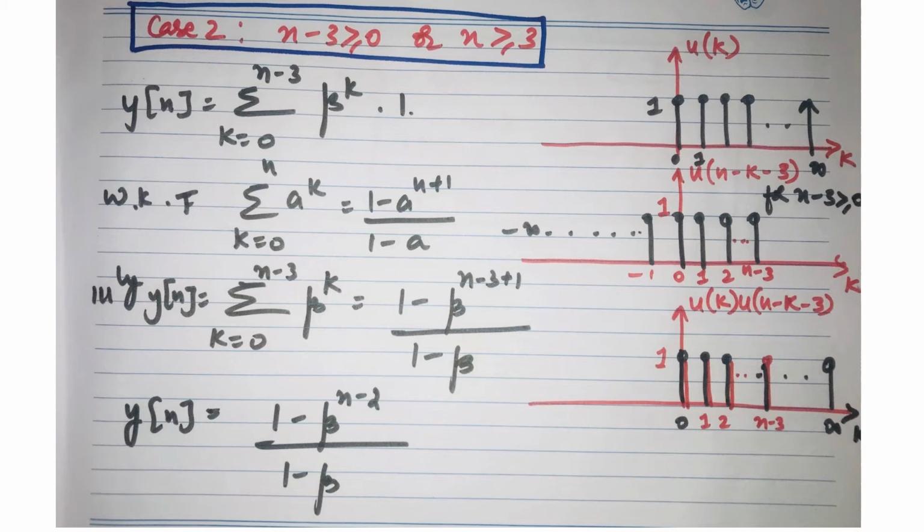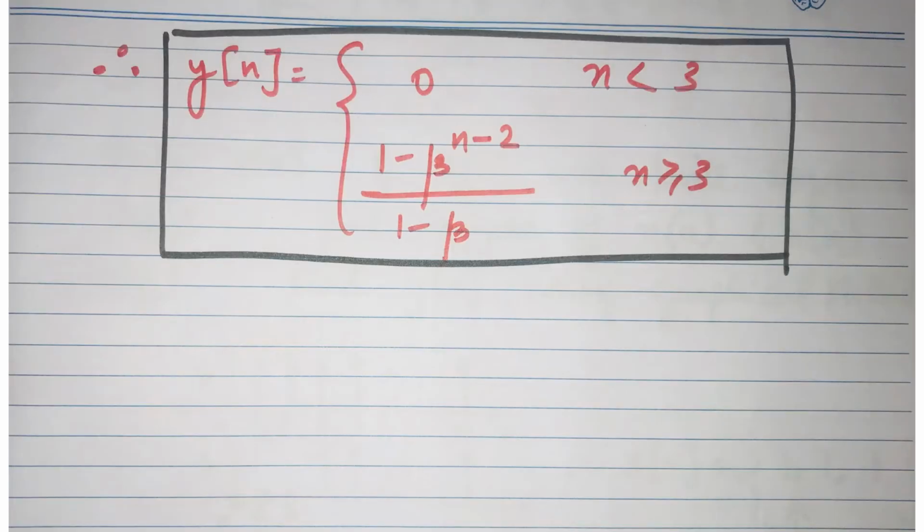So when you simplify, you will get y of n is equal to 1 minus beta to the power n minus 2 divided by 1 minus beta. So we can say the convolution sum between an exponential and u of n minus 3 is 0 for n less than 3, and it is 1 minus beta to the power n minus 2 divided by 1 minus beta for n greater than or equal to 3.